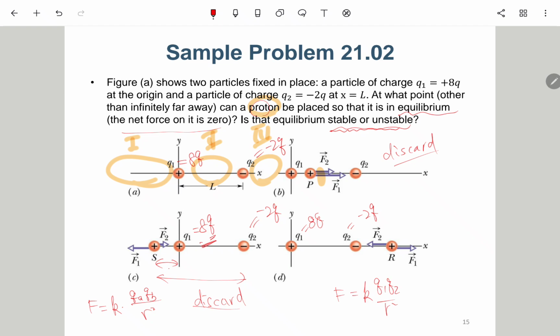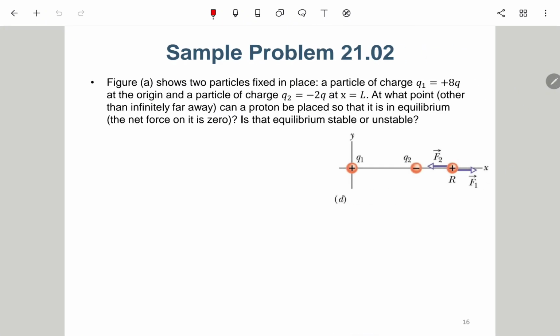We will assume that this position should be on the right side, which means we should consider the position of the proton, X. X should be larger than capital L, otherwise it will be out of this assumption. Here we calculate the forces F1 and F2.